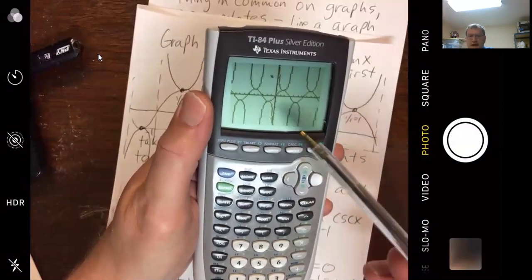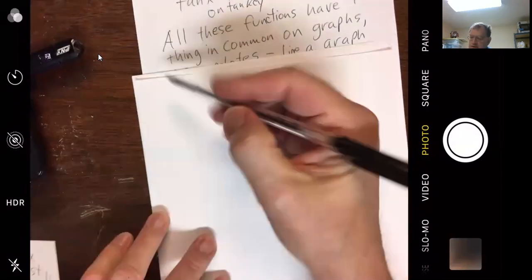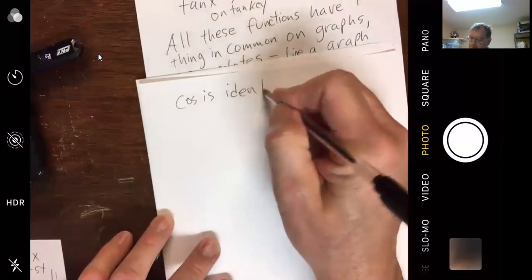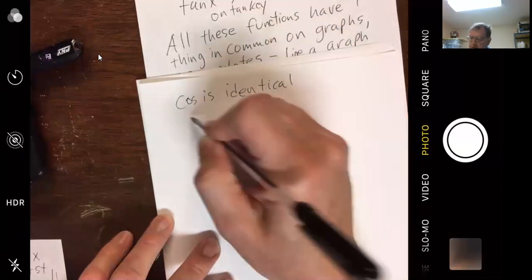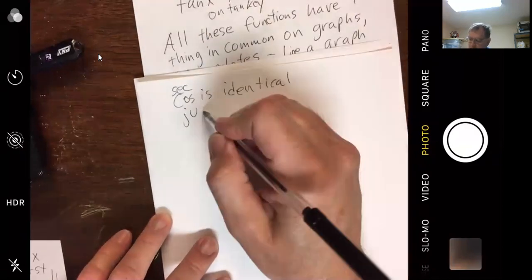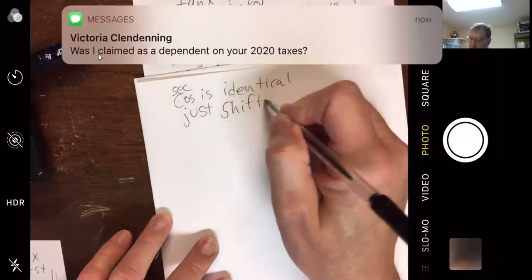Okay, well, that pretty much handles sines and cosines. Cosine is identical, just shifted back, and secant shifted back.